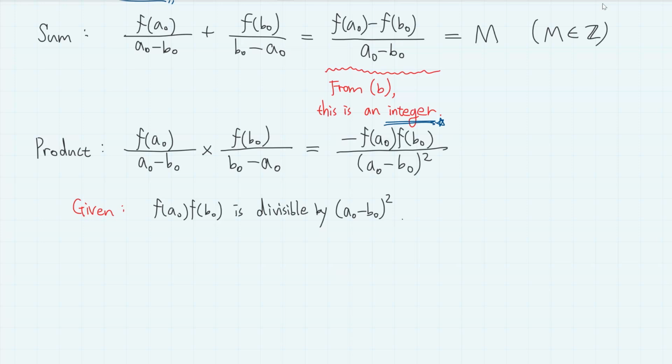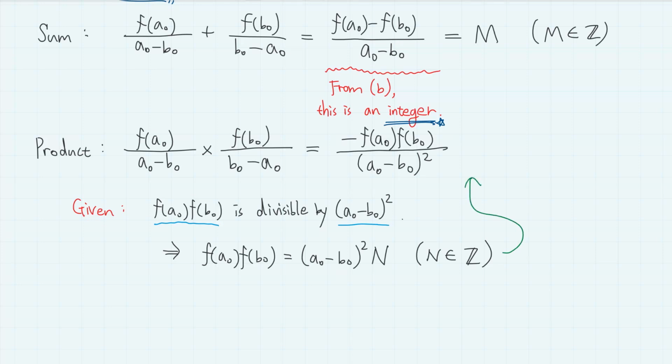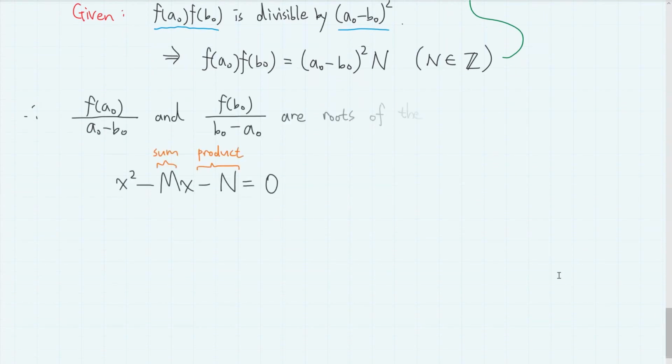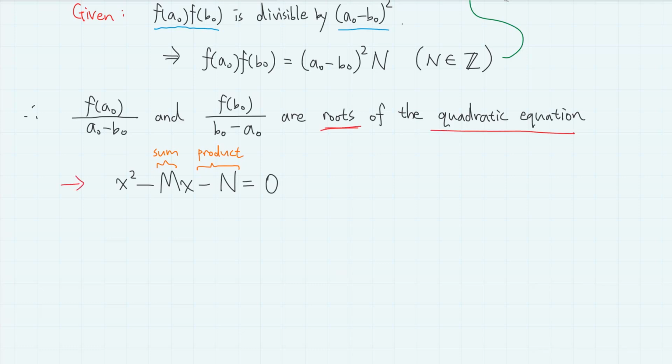Here we use the final given condition that f(a0) f(b0) is divisible by a0 minus b0 squared, which means that f(a0) f(b0) equals a0 minus b0 squared times N for some integer N. Using this, the expression equals minus capital N. So we have the sum M and the product minus N. So by the relation between roots and coefficients, f(a0) divided by a0 minus b0 and f(b0) divided by b0 minus a0 are roots of the quadratic equation x squared minus Mx minus N equals 0.